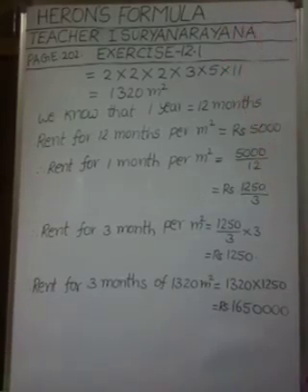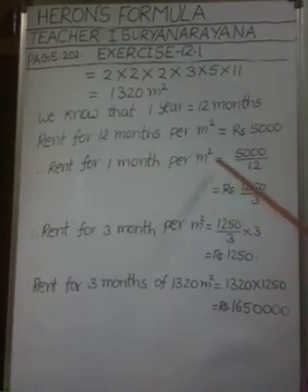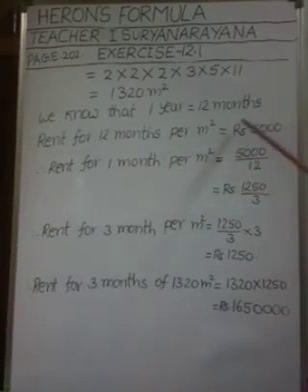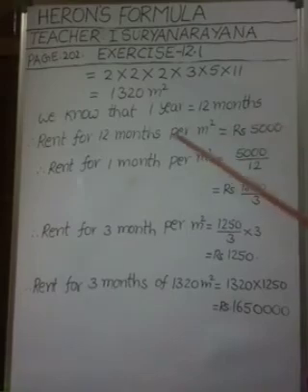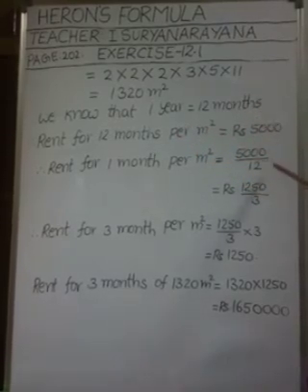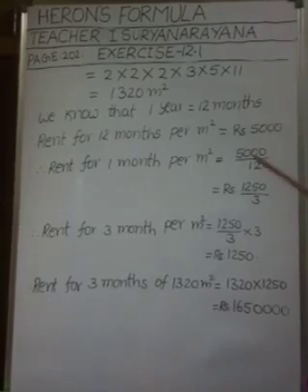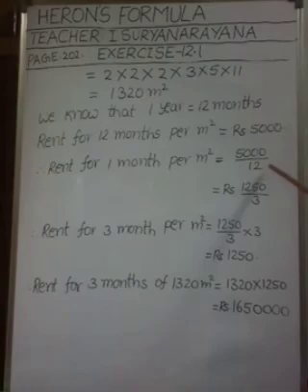Okay, my children? Right. Therefore, the rent for 1 month per meter square is equal to, here this is the rent for 12 months. How do you find the rent for 1 month? By dividing by 12. Do you remember, my children? Right. So 5,000 by 12.